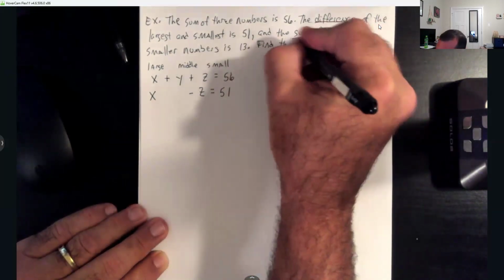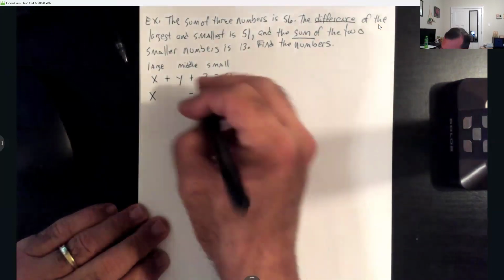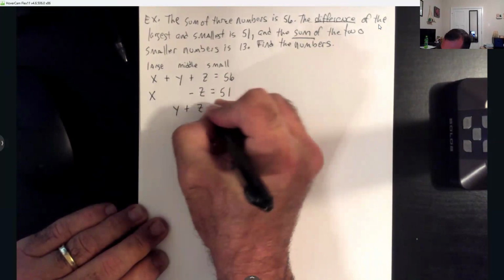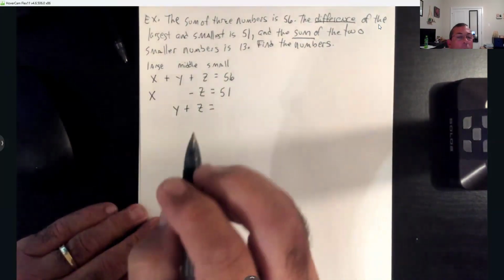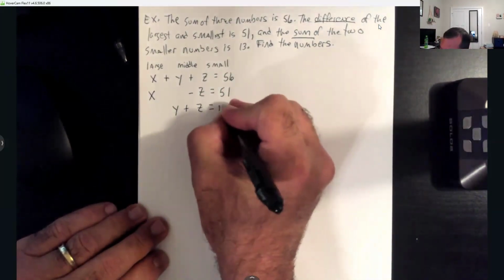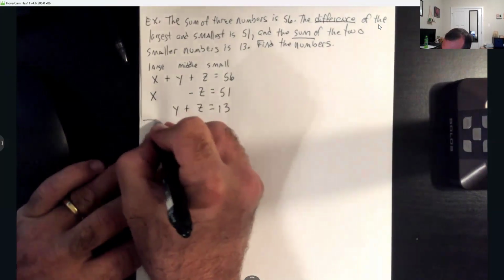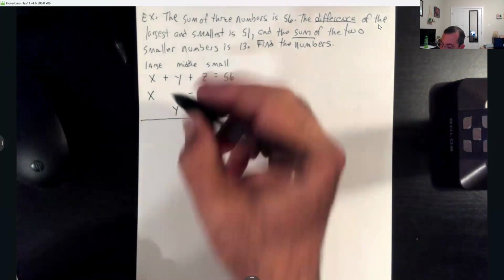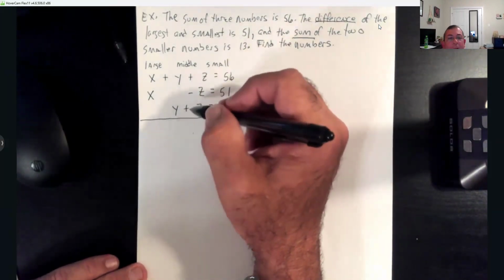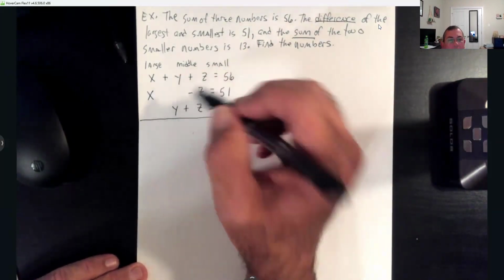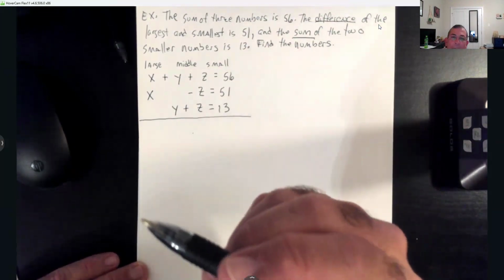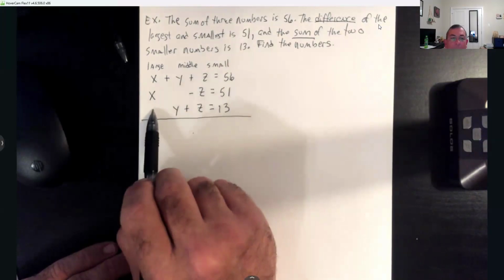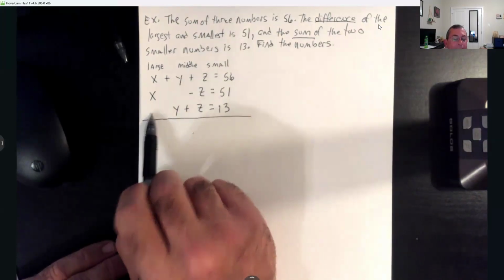Sum meant adding again, so that's going to be a y plus a z, and that equals 13. Once again, I've got three variables, so I needed three equations. Now, if you do this one on the calculator, you would put a 0 here and a 0 here, okay?